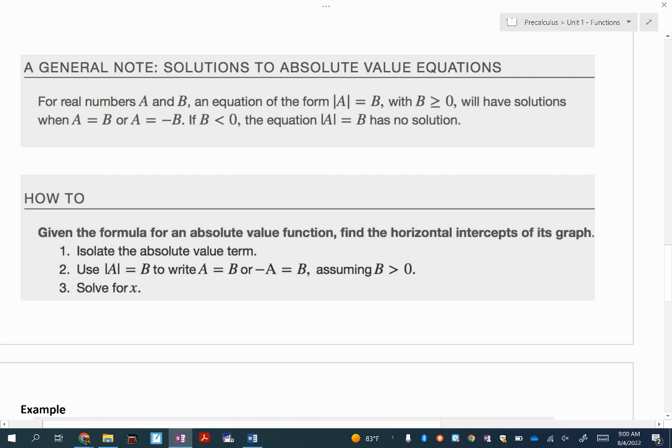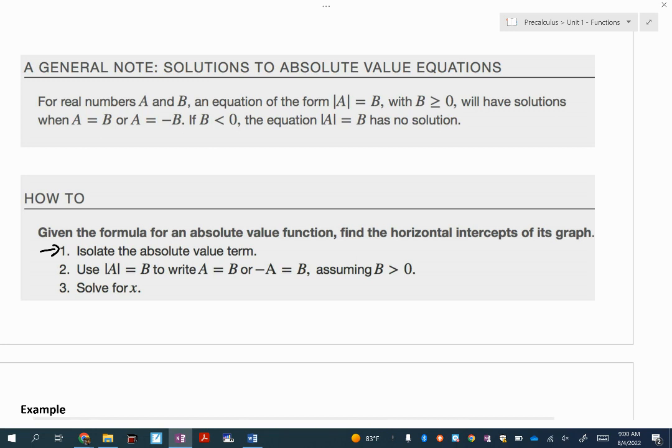The key steps are to isolate the absolute value. Once you do that, you set the expression that's inside the absolute value equal to the positive number that's outside and equal to the negative number that's outside. So you've got 2 options potentially that are going to make that true.